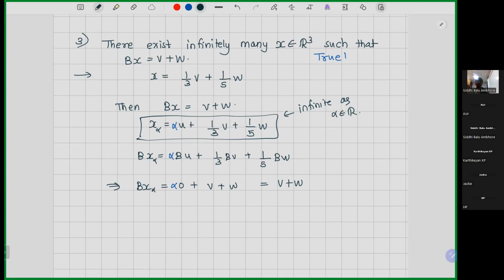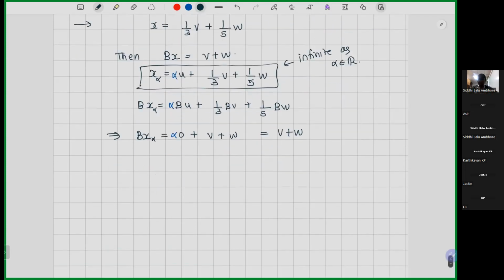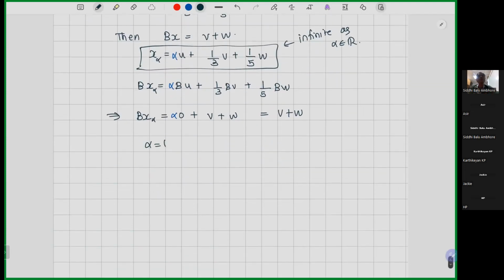Then we can only find the values of beta and gamma, 1 by 3 and 1 by 5. That is okay, but alpha still varies, right? You can take alpha to be anything. If I take alpha to be 1, so x is u plus 1 by 3 v plus 1 by 5 w.